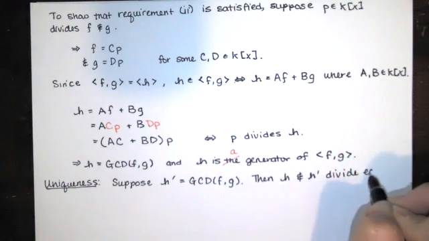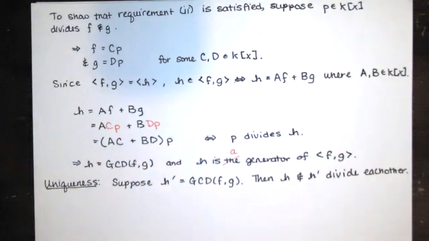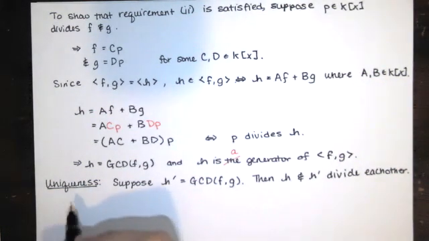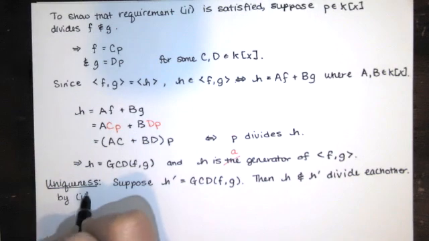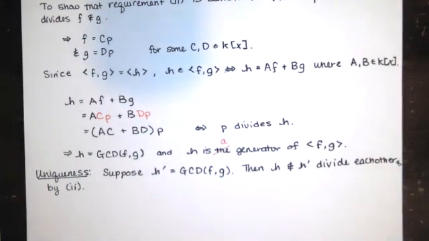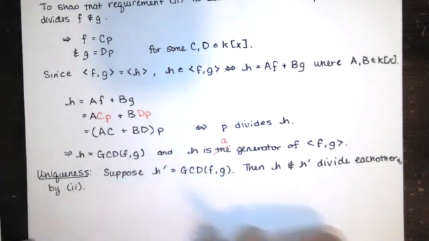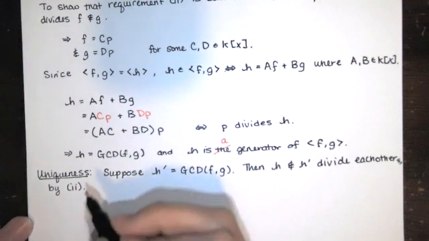And if they divide each other, I think it's pretty obvious that they would have to be non-zero constant multiples of each other. And that's coming from the second requirement in our definition of the GCD. So H is divisible by H prime and H prime is divisible by H.